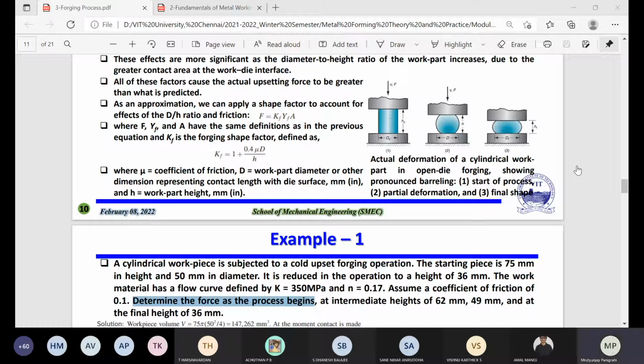You have all the values. It is a cylindrical sample, so A equal to pi d square by 4, right? Yes, sir. So you can calculate how much A is.